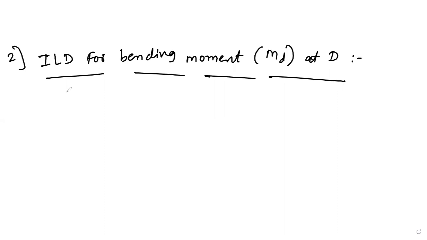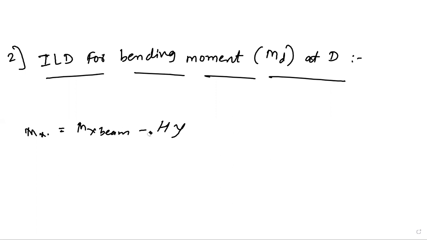Okay, now we have to find out the bending moment at D. As in the last lecture, we found Mx is equal to Mx of beam minus H into y, right? H into y, that we discussed in the last lecture.